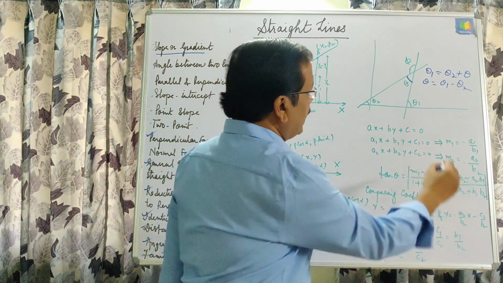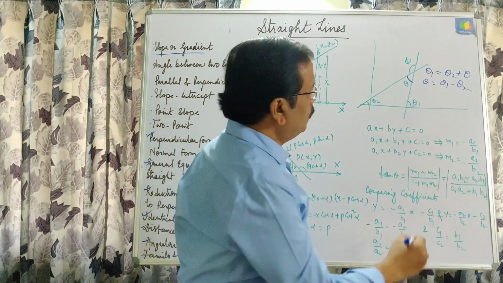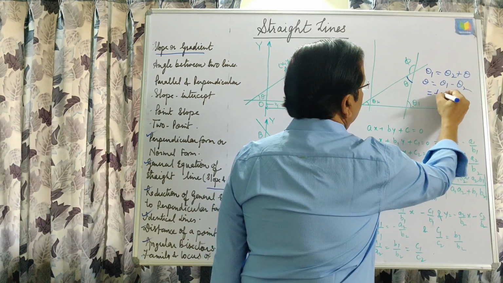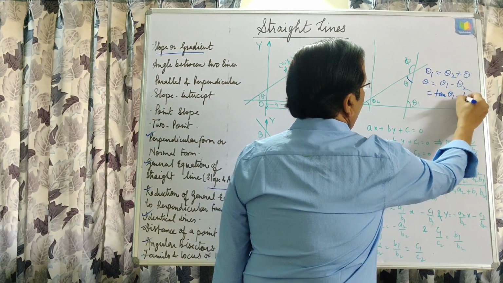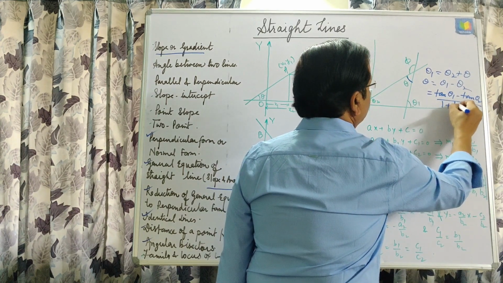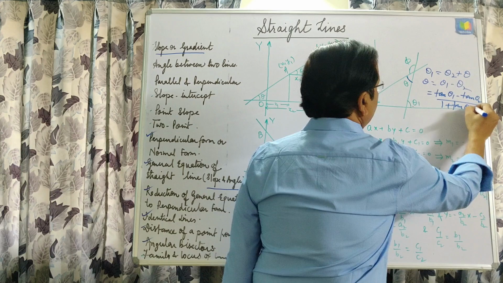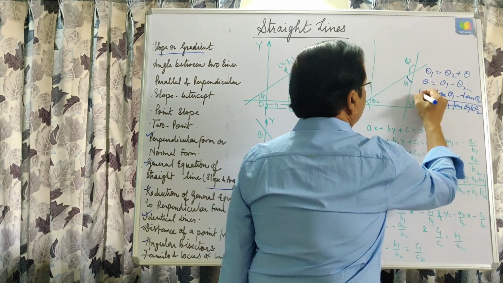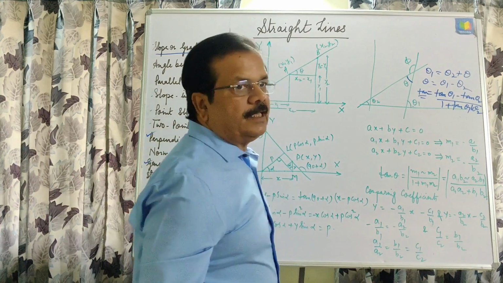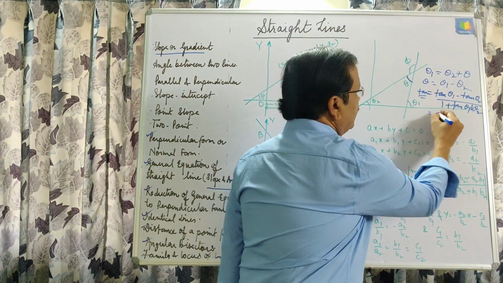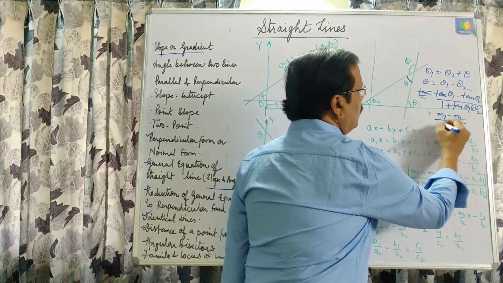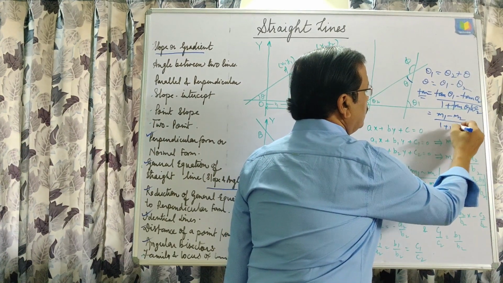Taking tangent of both sides, you can see tan theta 1 minus tan theta 2 upon 1 plus tan theta 1 tan theta 2. This is tan theta. And then writing in terms of slope, it is m1 minus m2 upon 1 plus m1 m2.